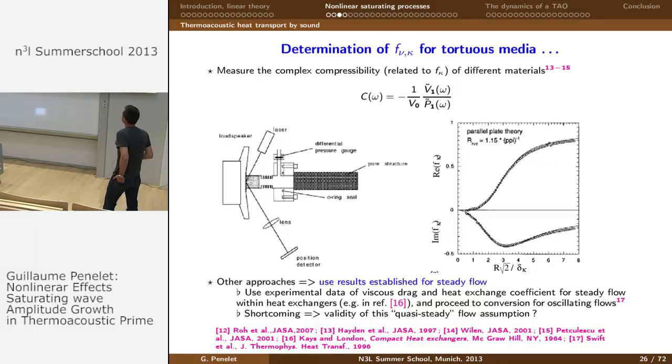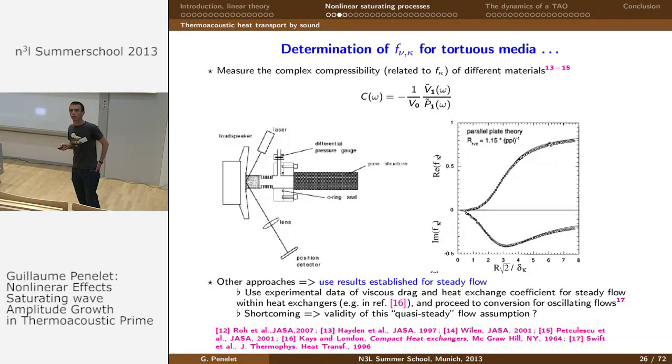So what we can do is to measure them. So for instance, this was done by Whelan and co-workers who have developed an experimental setup, which is presented here, which consists in measuring the complex compressibility of the sample material, which is placed here.